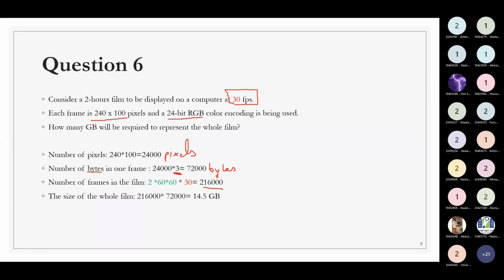Now the number of frames in the film is the duration of the film in seconds. We have 2 hours: 2 multiplied by 60 minutes, multiplied by 60 seconds in each minute, multiplied by the rate in frames per second. So this is the number of frames.